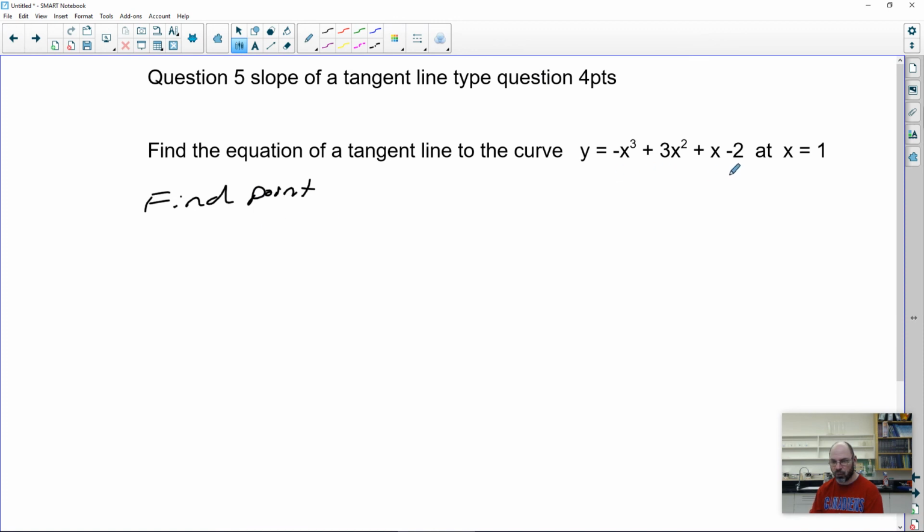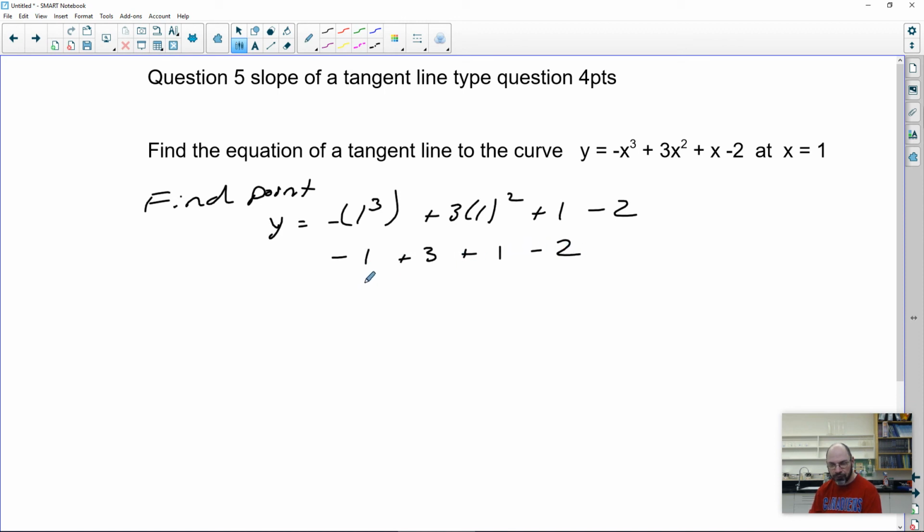So we just plug in 1. So y equals negative 1 cubed plus 3 times 1 squared plus 1 minus 2. So this is negative 1 plus 3 plus 1 minus 2. So we've got 2, 3, because those cancel out, minus 2. So we've got 1. So our point is (1, 1).